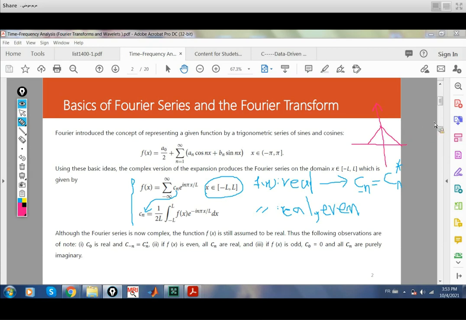And if you see that f(minus x) is equal to f(x), we call this function f even. Okay? In contrast to this function, we have f odd. The shape of f odd is like here. I write it here.